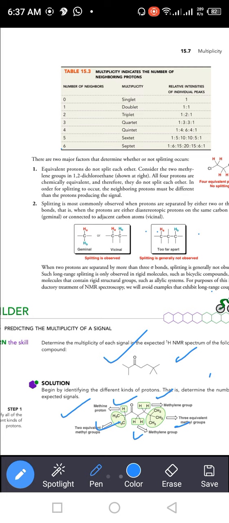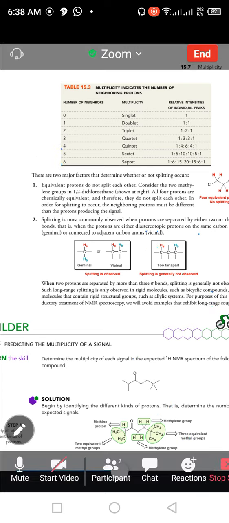In this organic compound, the total number of signals will be 5, and each signal will be split into different peaks. Now we discuss how these 5 signals are split into different peaks.